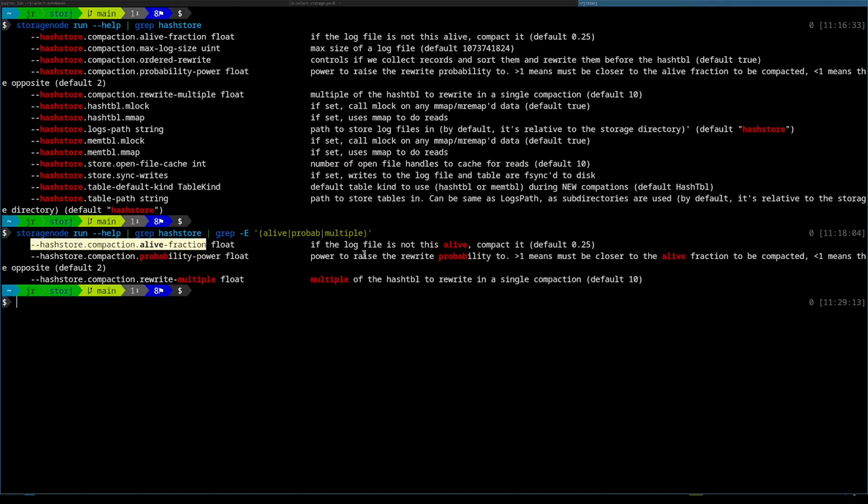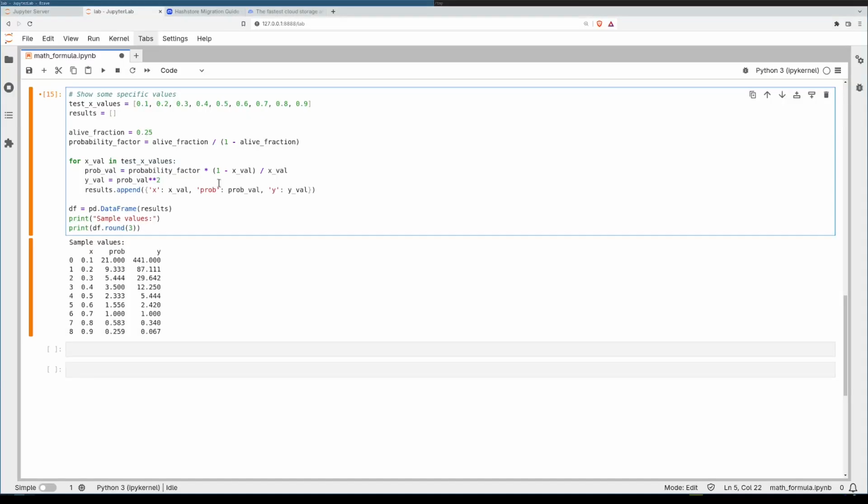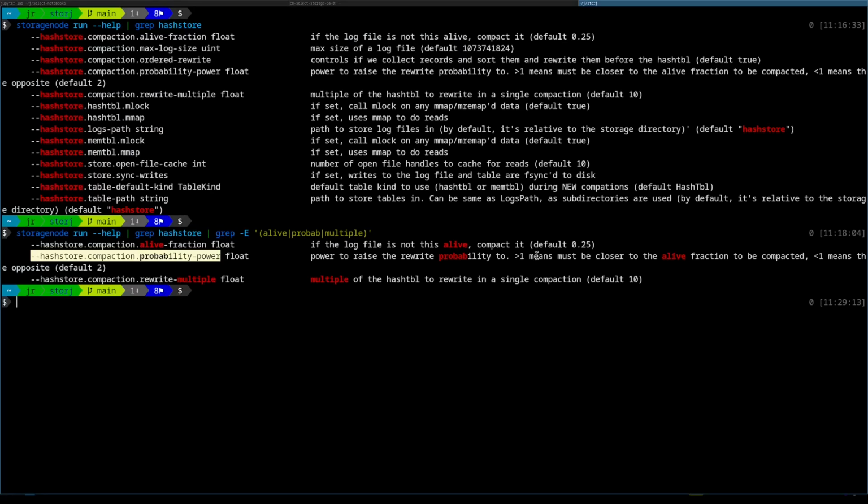And the most important part is the fraction from the configuration, which is 0.25 by default. And the other one is the probability power, which is used here. The default is 2.